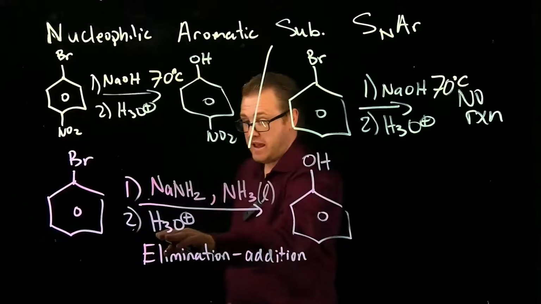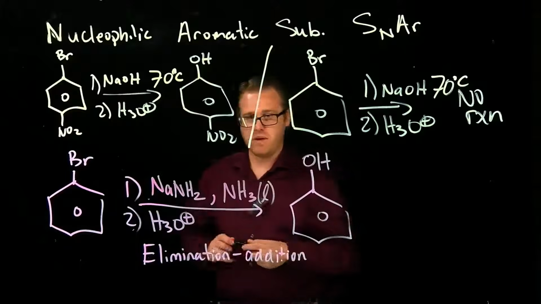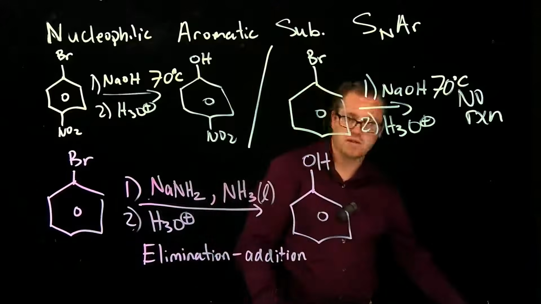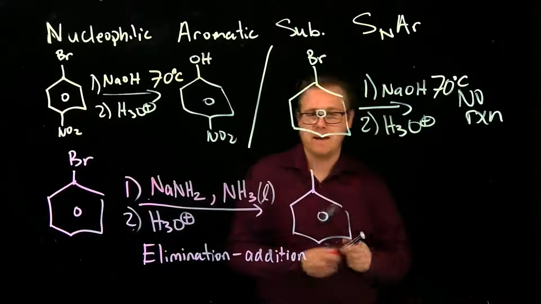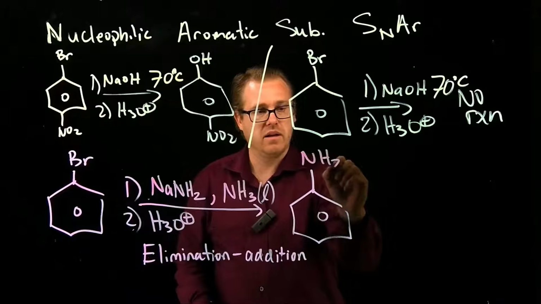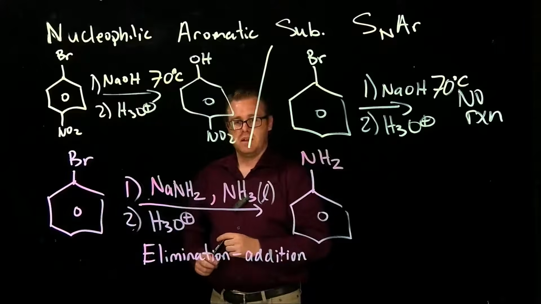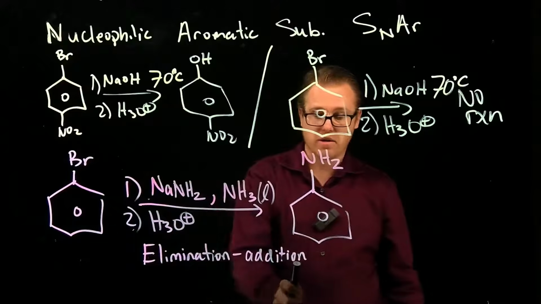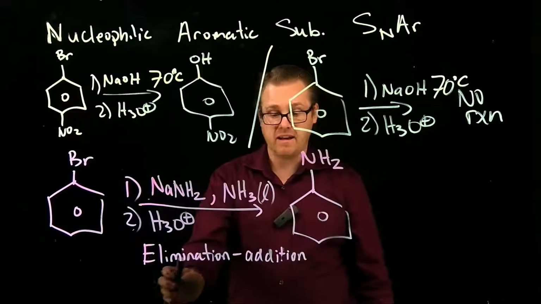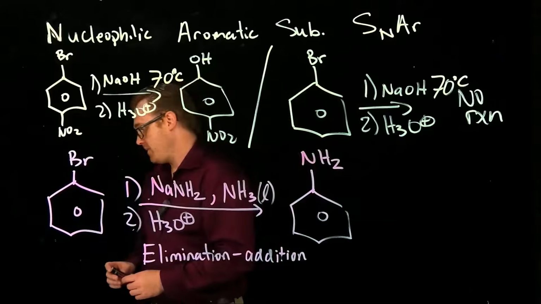And then you would have an acidic workup at the end. So what would happen if we changed it to those conditions? You can see now we're going to get our amine like that. Now this reaction right here undergoes this transformation via elimination-addition reaction.